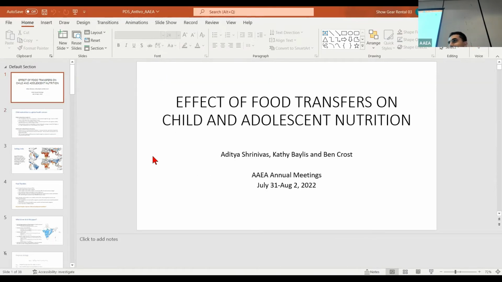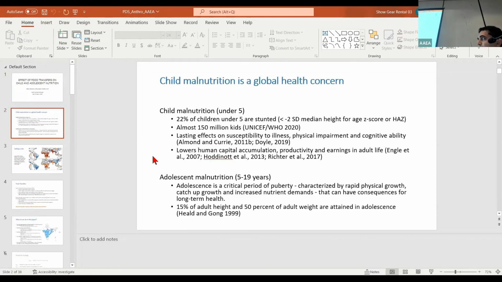Yeah, I'm just going to present it this way. This was kind of a last minute thing. But yeah, this is extremely relevant for this particular section. So the paper is on the effect of food transfers on child and adolescent nutrition in India, in collaboration with Kathy and Ben.